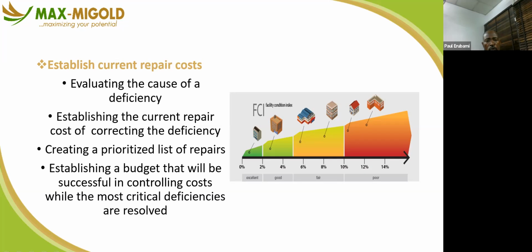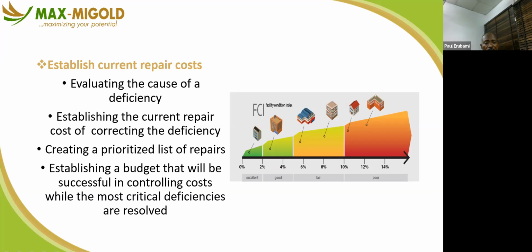So it helps you to establish current repair costs because what you're actually carrying out is an assessment of the current condition of the facility. So you evaluate the cost of the deficiency, establish current repair costs of correcting the deficiency, and create a prioritized list of repairs. Which one do you need to attend to first? Is it the building envelope, including your structure? Is it your foundation that you need to attend to first? So the condition of that facility will determine how you're going to prioritize the assets you attend to first.